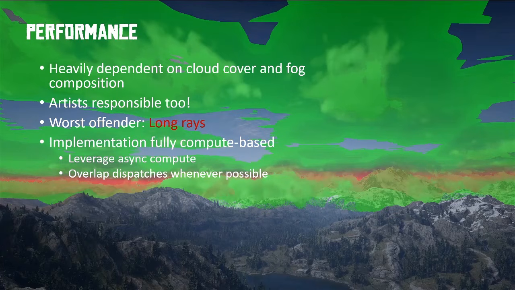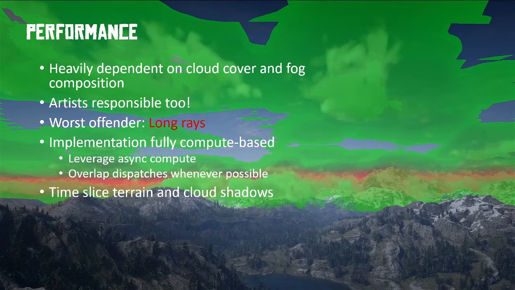So what we did is we leveraged async compute, since this whole thing is compute-based, which allows us then to overlap the approaches and implementations here, as well as overlap dispatches by themselves. So what we do is we overlap all the volume approaches with the ray march to improve on utilization.